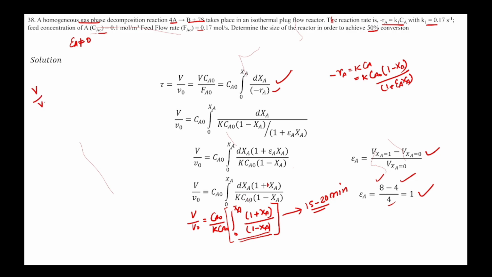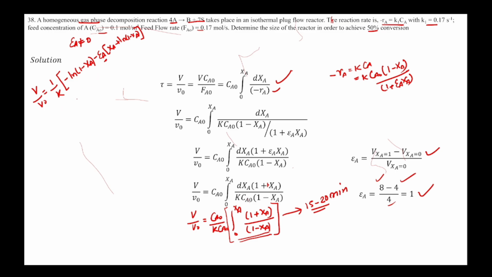V by V naught is equal to 1 by K, because CA naught and CA naught cancel out. The value of this integration, remember: minus ln 1 minus XA minus epsilon A XA plus ln 1 minus XA, where epsilon A is put equal to 1.